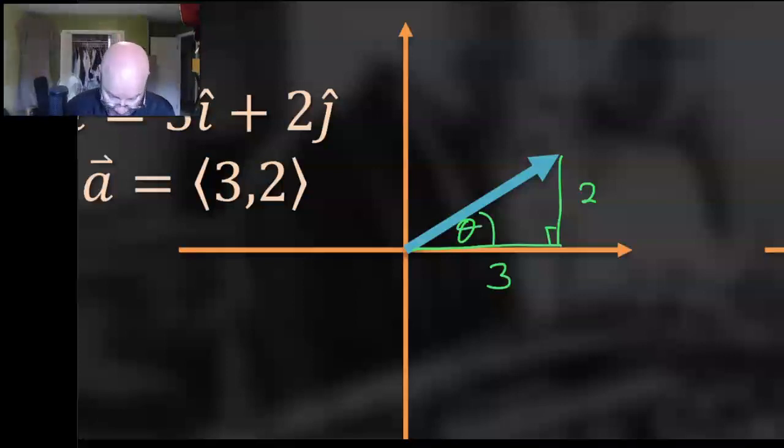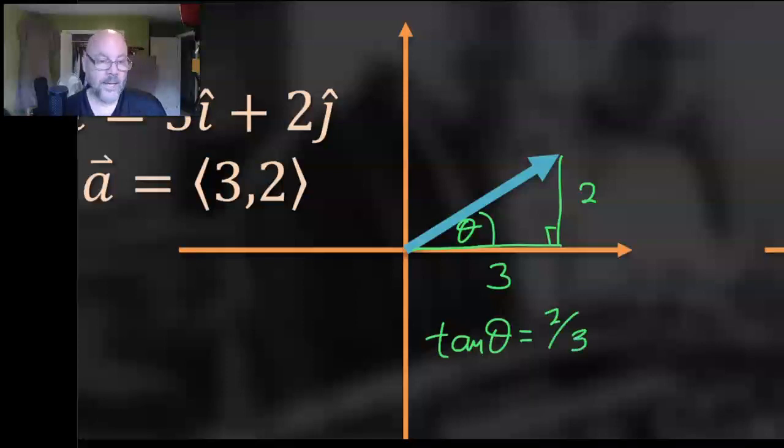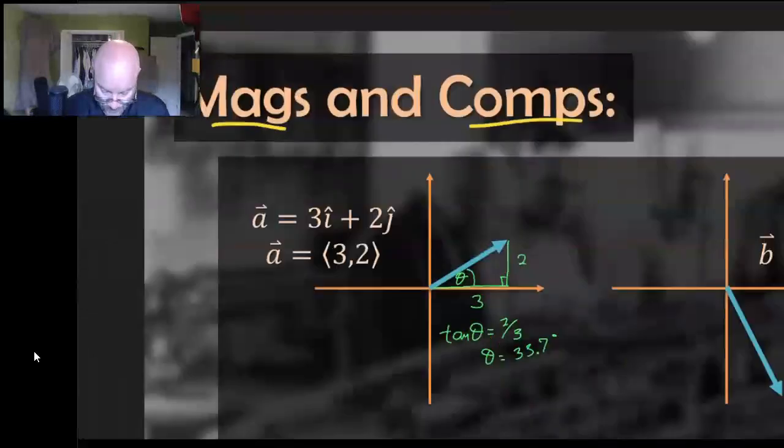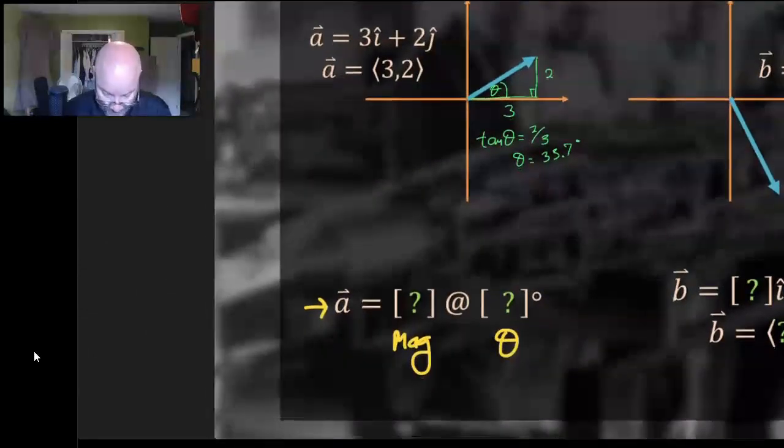The tangent of theta is going to be 2 over 3. If we work that out, the theta that we get is 33.7 degrees, just like that. And so our answer is down here.